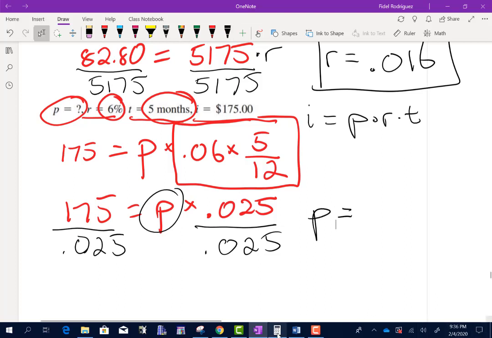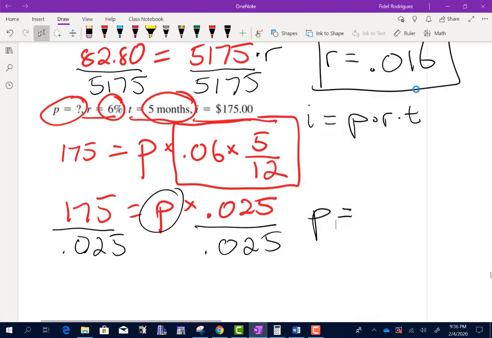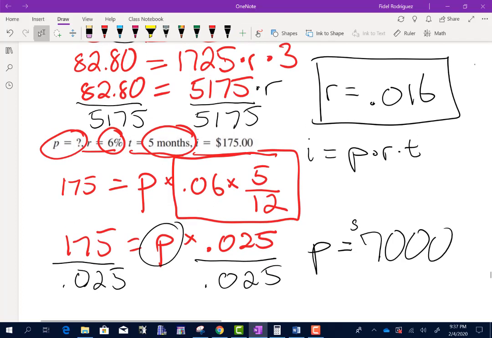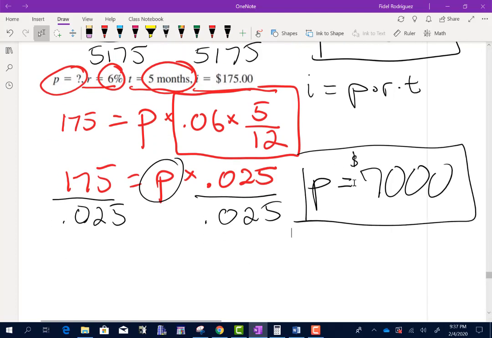And let me take my calculator again. 175 divided by 0.025 and 7,000. And that is, again, my principal, right? There we go. All right.